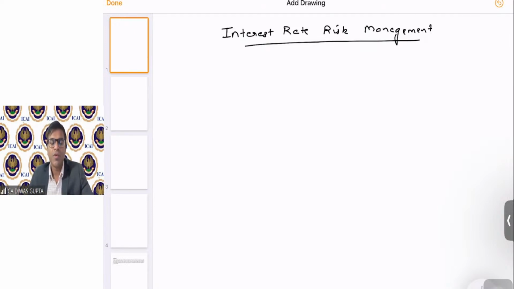What are the reasons for which we pay or receive an interest? So there are broadly two reasons, students.